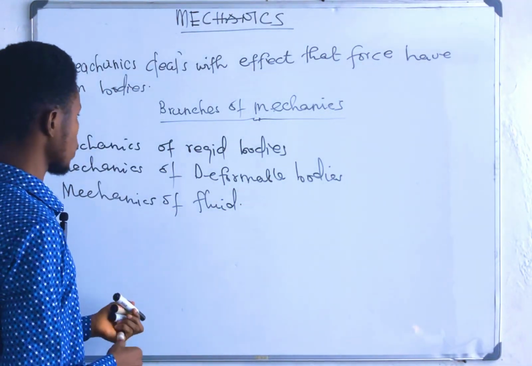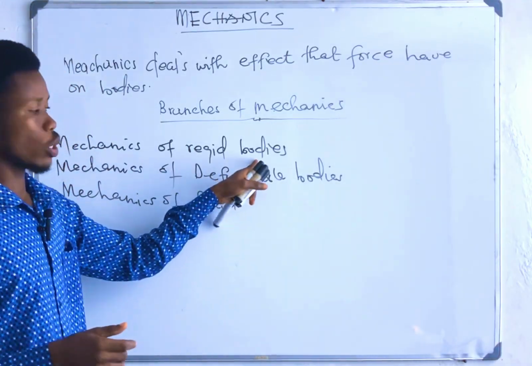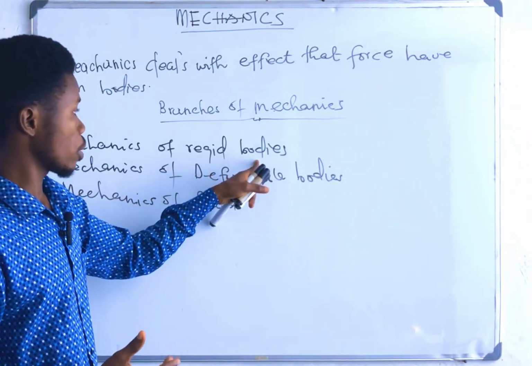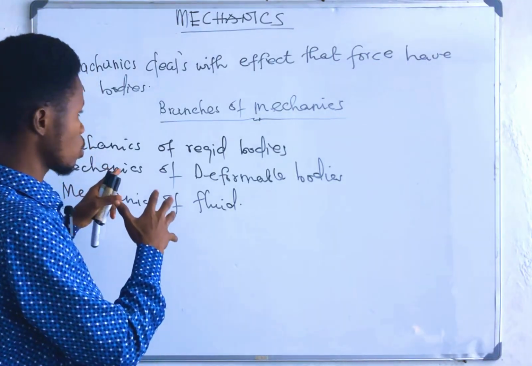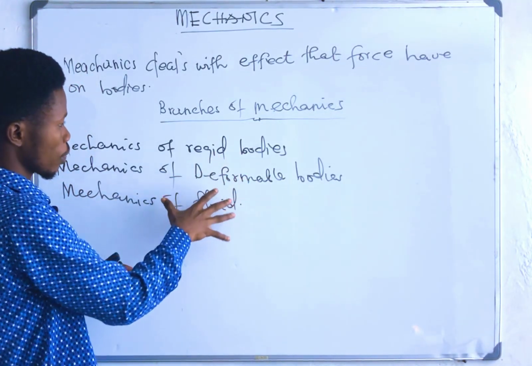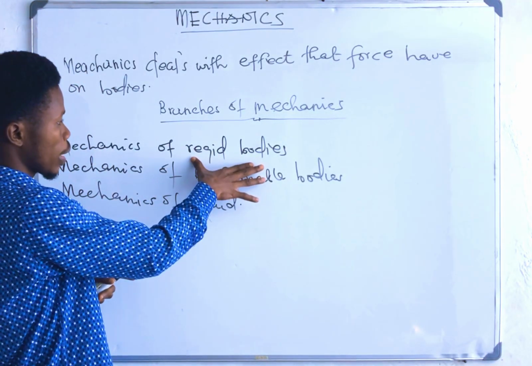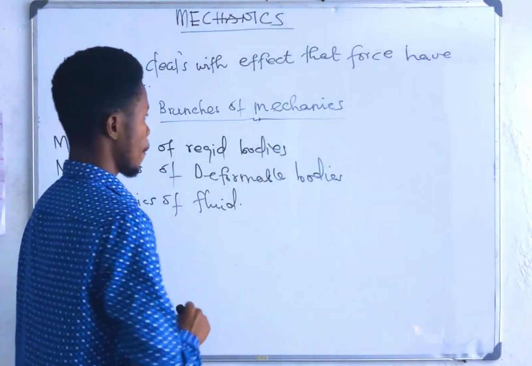Now let's look at the mechanics of rigid bodies. In fact, you will be taking them one after the other, but our focus will be on the mechanics of rigid bodies.